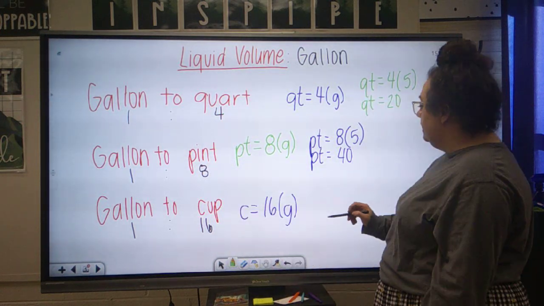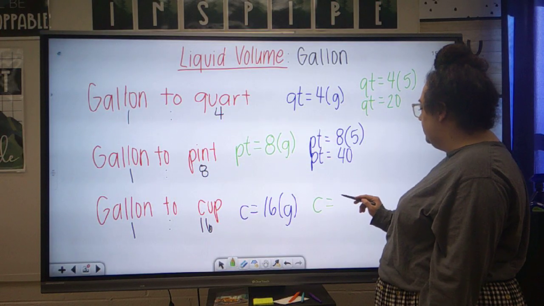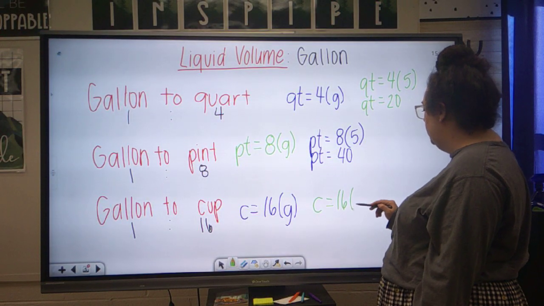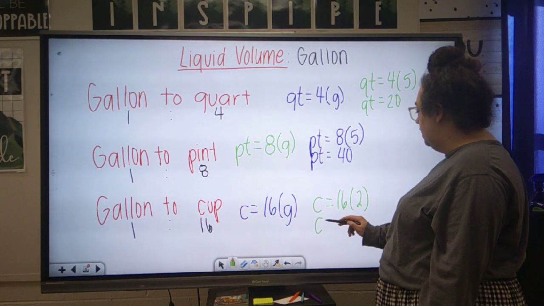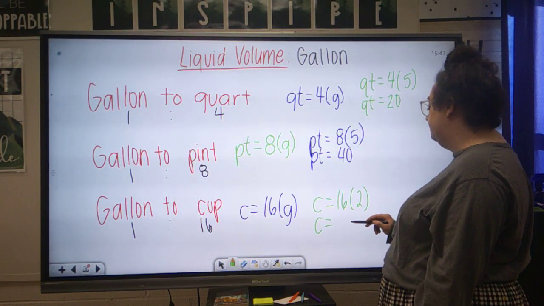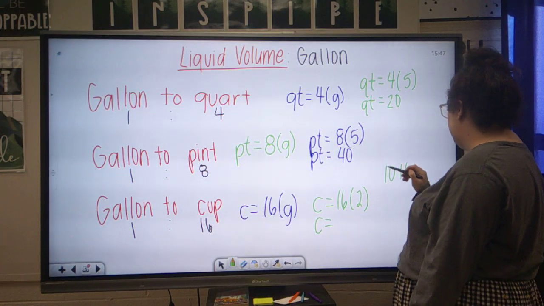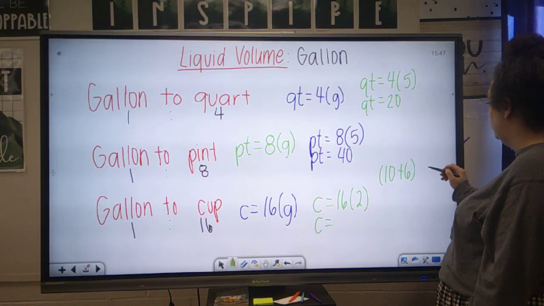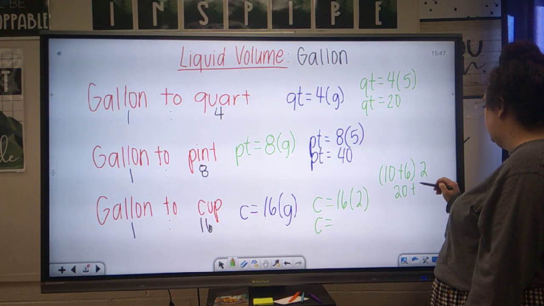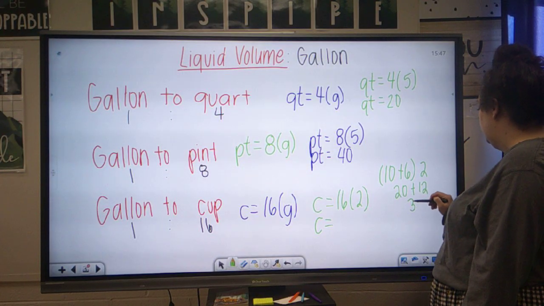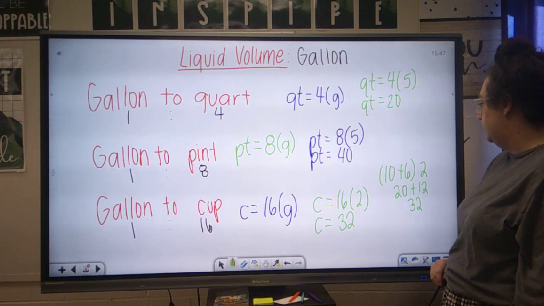So in this scenario, if I had 2 gallons, I would say cups is equal to 16 times 2. Cups is equal to, and then you could distribute 20 and 12, 32 is equal to 32 cups.